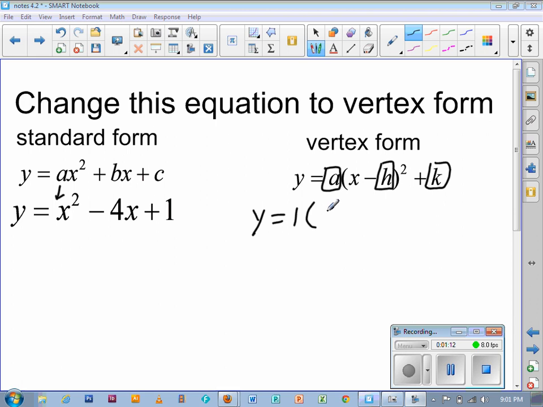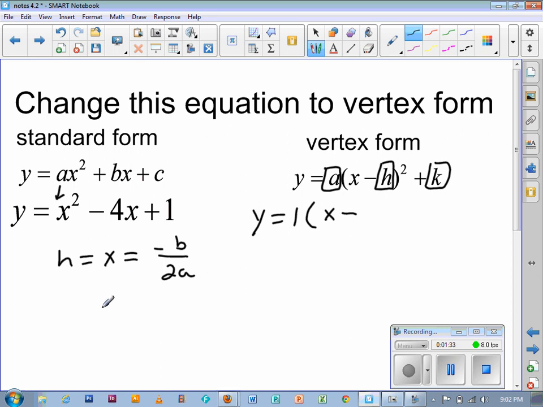Okay, then you take and replace the h. Now the h is nothing more than the x coordinate of your vertex, and this formula, negative b over 2a, is going to be used quite often in this lesson, in this case to find the h value or the x coordinate.